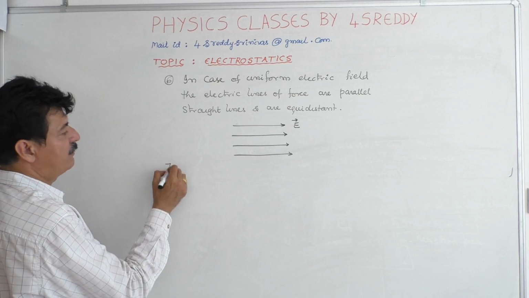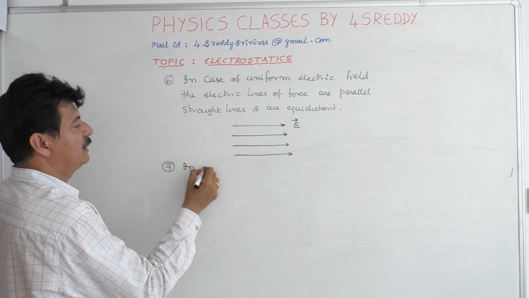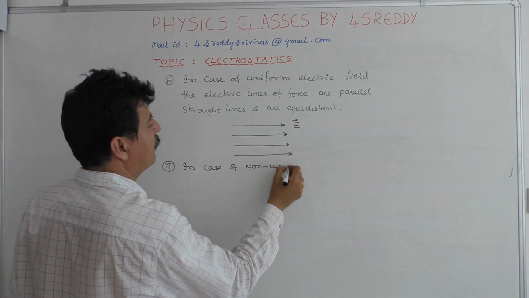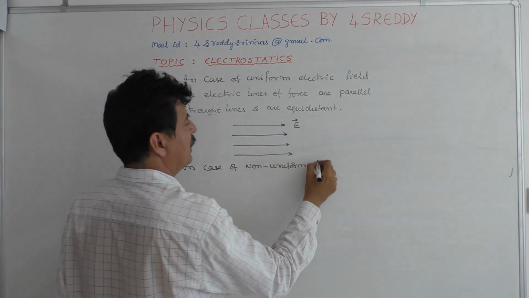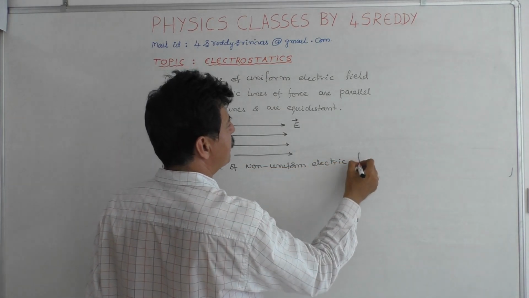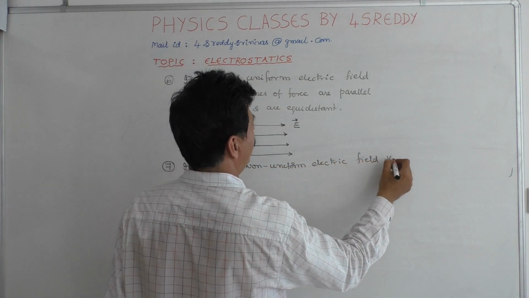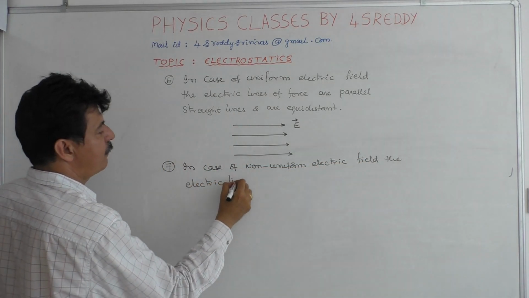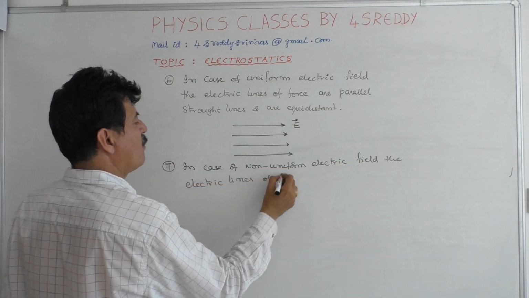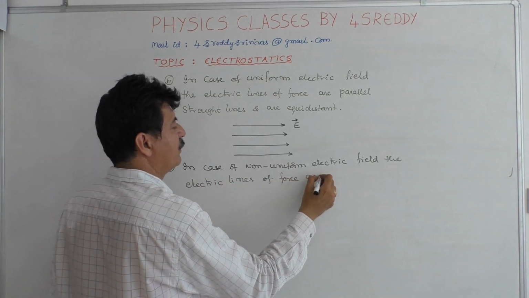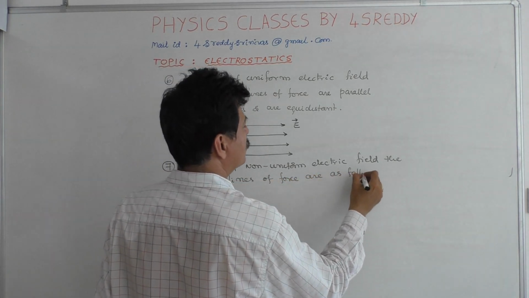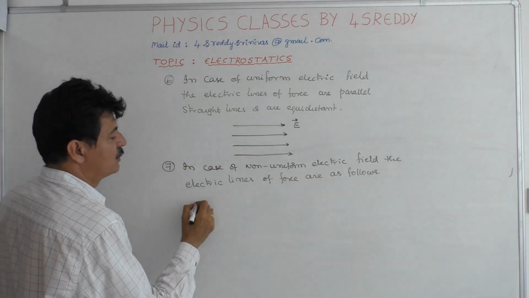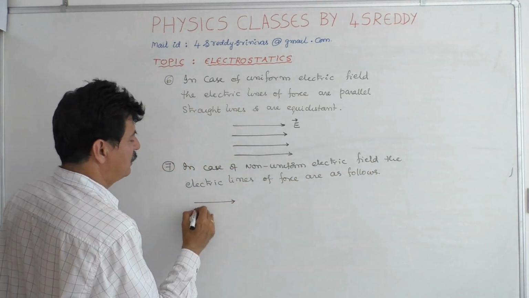That means, the 7th one: in case of non-uniform electric field, the electric lines of force are as follows. Suppose you consider this is the first one.